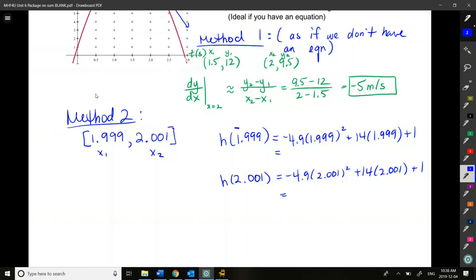Alexandra? 9.41. Did you give me all the decimals there? 9.4055951. Perfect. We're going to keep full decimal place accuracy here until we do our final calculation.